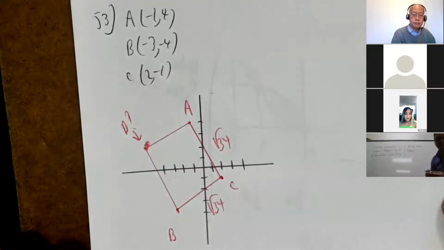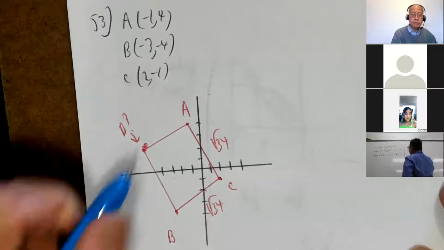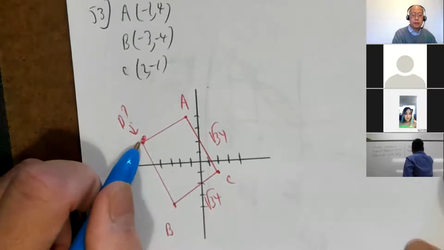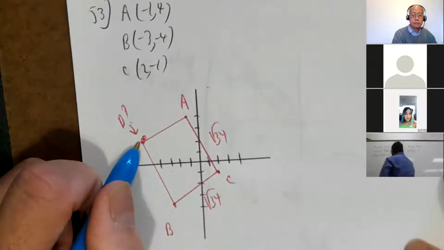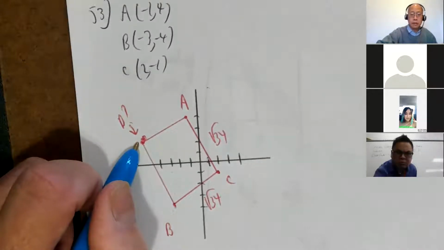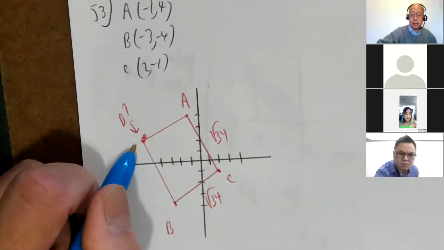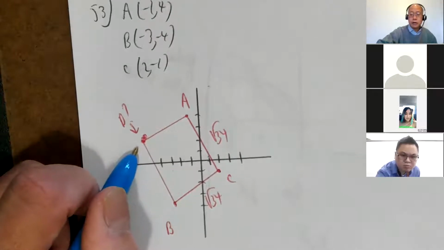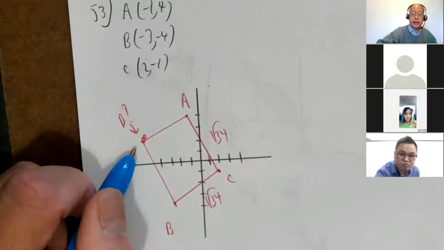It would be kind of a sideways rectangle, but rectangles are supposed to have two different lengths. Yeah, they don't have to be. Evidently, in this case, it's going to turn out to be a square. So a square qualifies as a rectangle. Okay. So that's allowed.